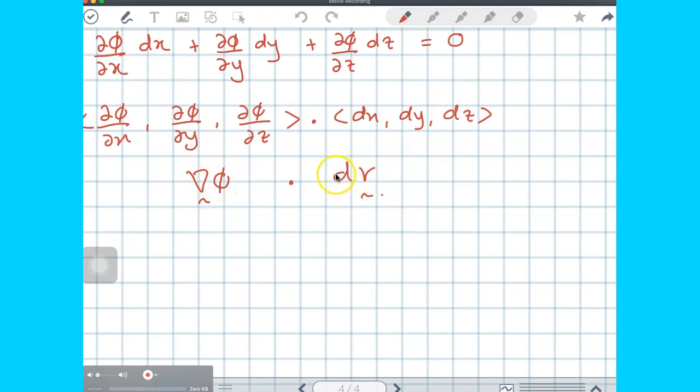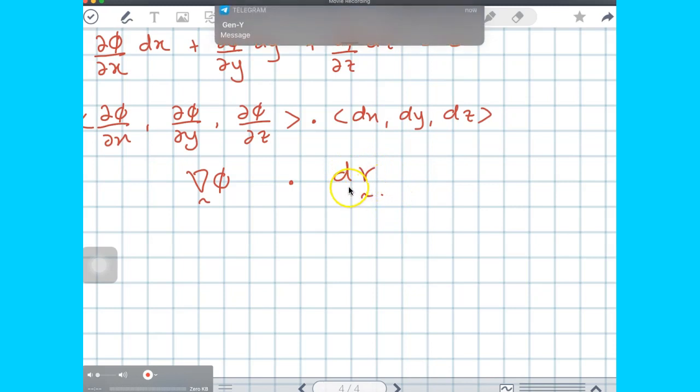And what is dr? dr is a tangent vector, tangent to the level curves, and the level curves lie on the surface of phi.